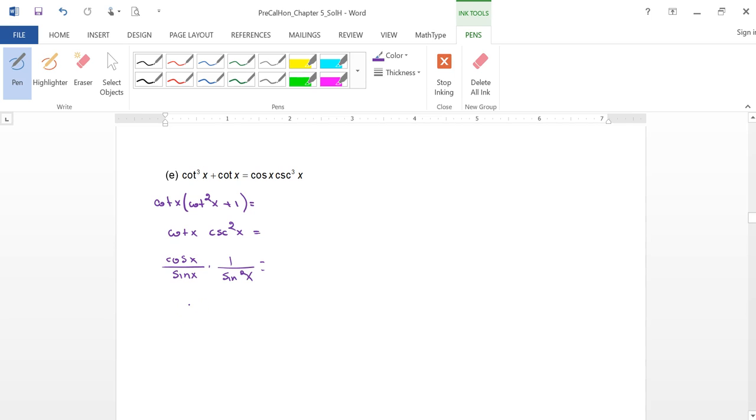Cotangent is cosine over sine. Cosecant is 1 over sine. They're multiplied, so I'm going to group those together. So I have cosine x times 1 over sine cubed x, which is cosine x times cosecant cubed x, what we need.